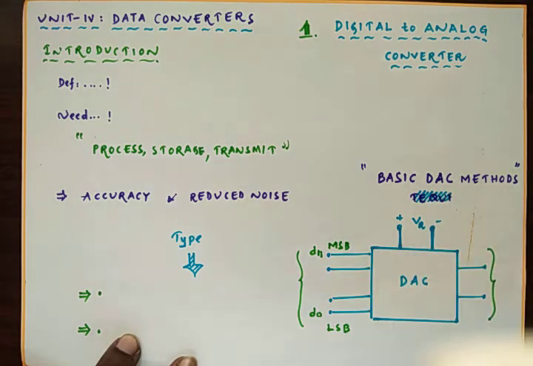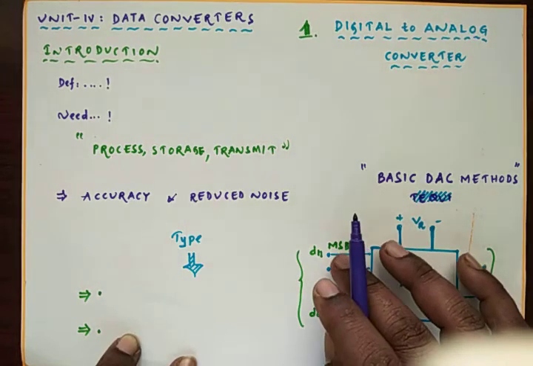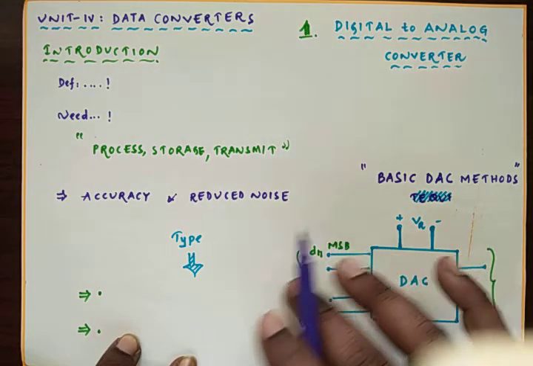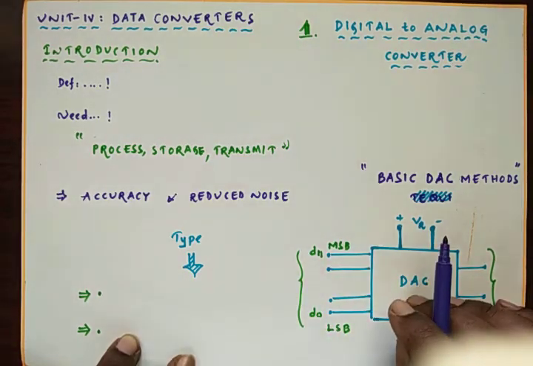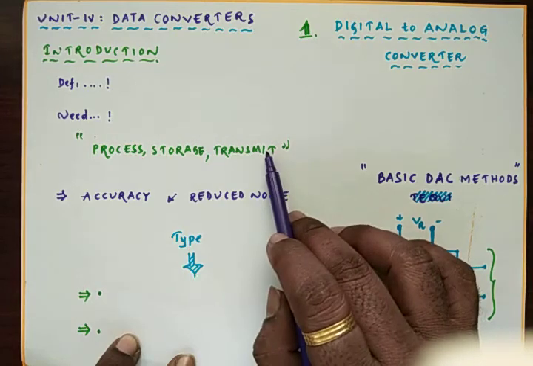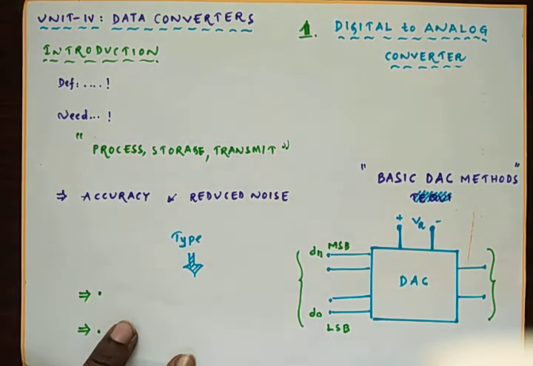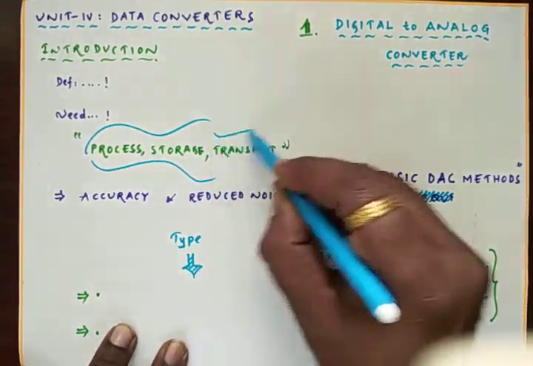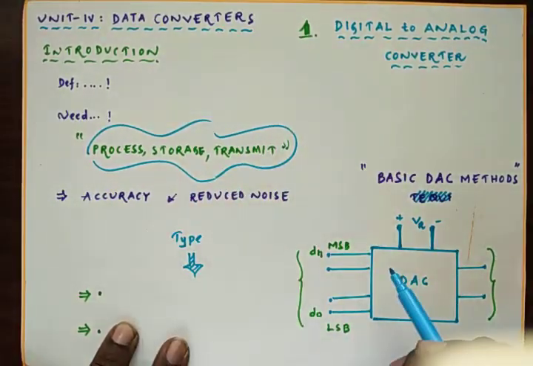However, it is often more convenient to process or transmit data when it is in digital form. The processing, storage and transmission of digital data is very simple compared to that of analog data.